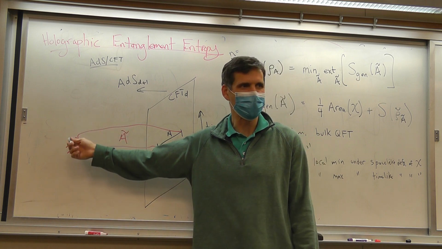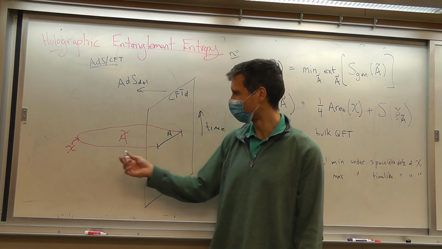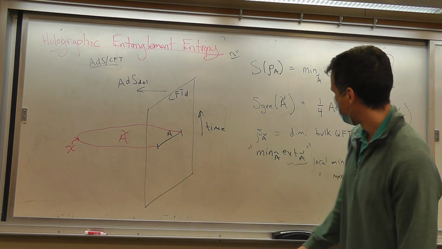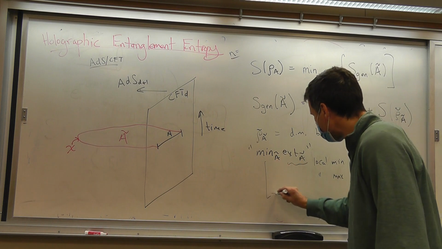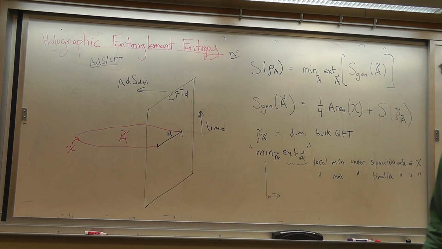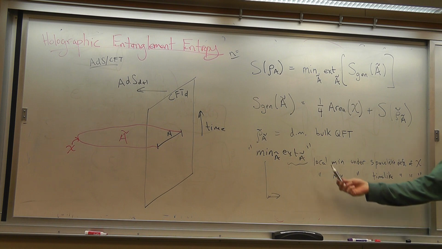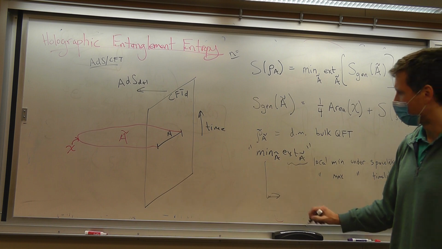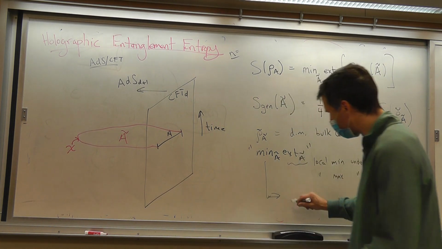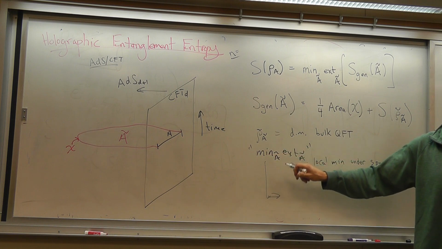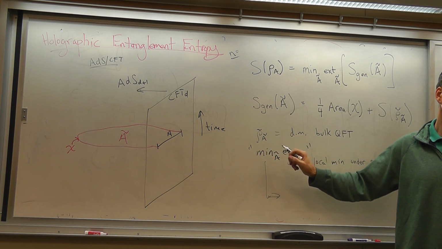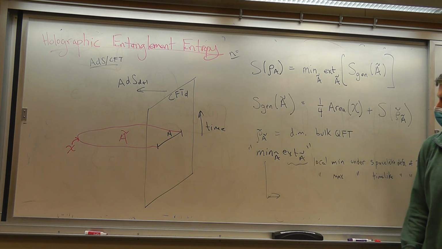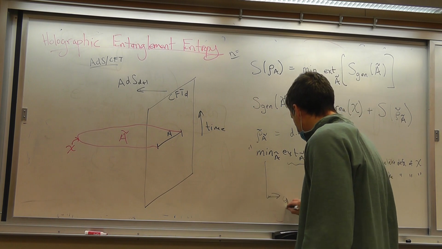Because in 2 + 1 dimensions, chi is a line, as drawn, so it's just a geodesic. You just solve the geodesic equation. Okay, min. This extra min out front means that you pick the global minimum. The extremization is a local procedure where you locally extremize, and then the last step is if there are multiple local extrema, you pick the one with minimal entropy. So this is the global minimization.